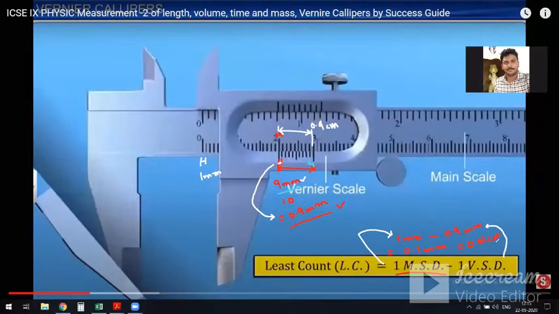If you want to convert mm into centimeter, then divide it by 10. So when you divide 0.1 by 10, you'll get the answer 0.01 centimeter. Any doubt to anyone? You can ask now. No need to write in the chat box.